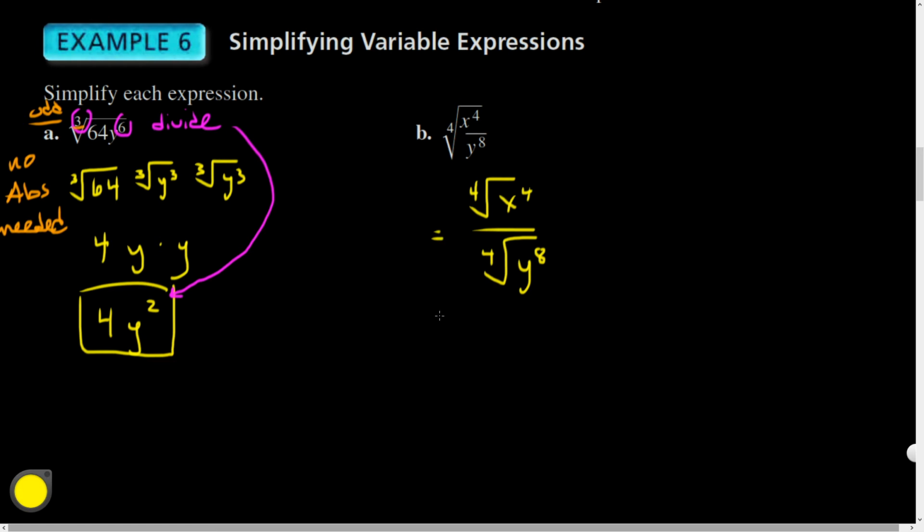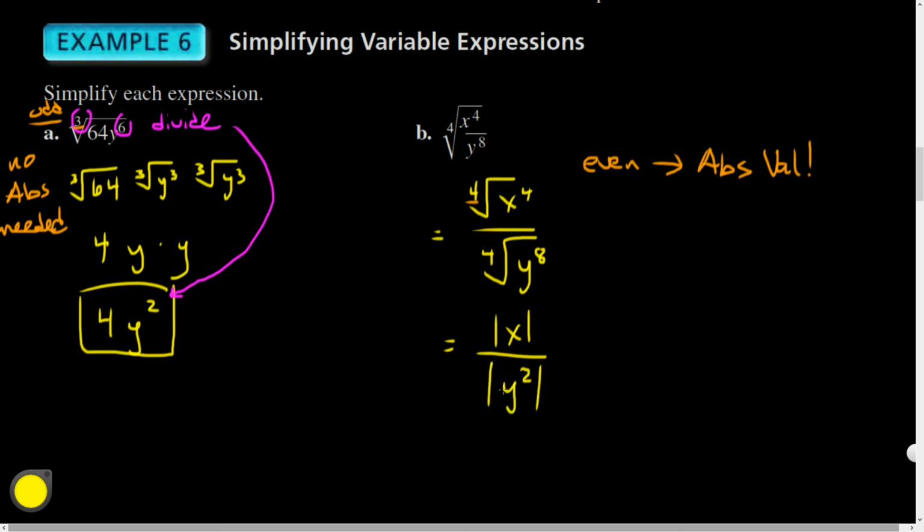And so according to this new thing, because the index is even, therefore absolute value is going to be needed. Abs val. And so the 4th root of x to the 4, those cancel out, but I'm going to write that as the absolute value of x. The 4th root of y to the 8th, this is where I'm going to use my little divide trick. 8 divided by 4 is 2, and so that's y squared, and I'm going to need the absolute value.